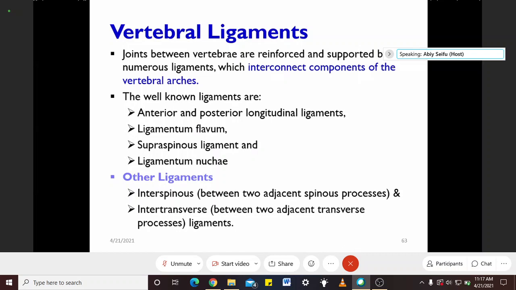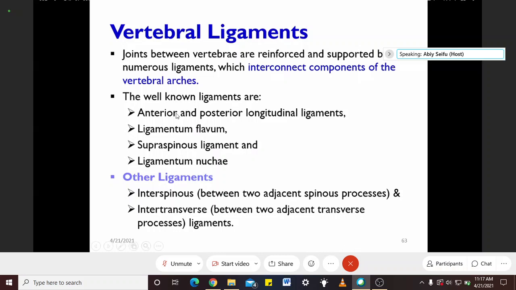Just to give a highlight, there is a ligament that interconnects two consecutive vertebrae, that enhances the strength and keeps the stability of the vertebral column.